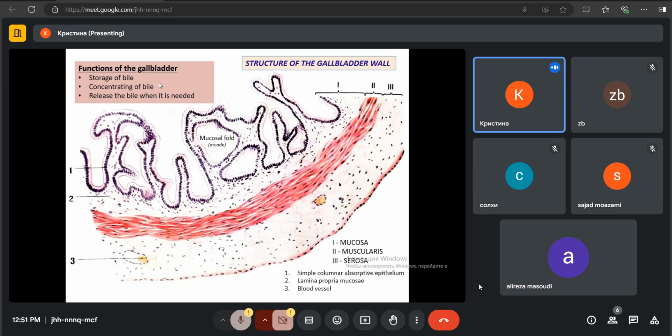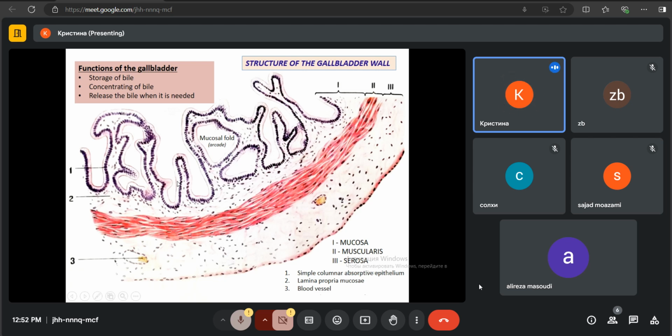For concentration of bile, we should take water from this fluid, and this means the concentration. This is what the wall of the gallbladder does. This is why it has the simple columnar absorptive epithelium for absorption of water. So water comes from the bile to the cells and then to blood capillaries in lamina propria mucosa.